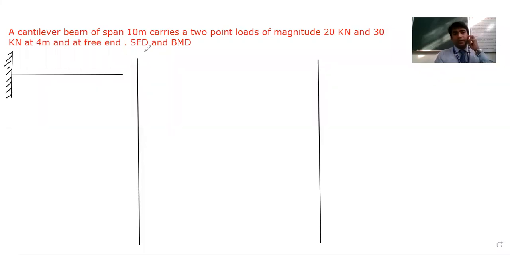Okay, so in this case we are going to solve the problem. This is a 10 meter long cantilever beam. And there are 2-point loads, with magnitudes of 20 kilonewton and 30 kilonewton at 4 meter and at free end respectively.